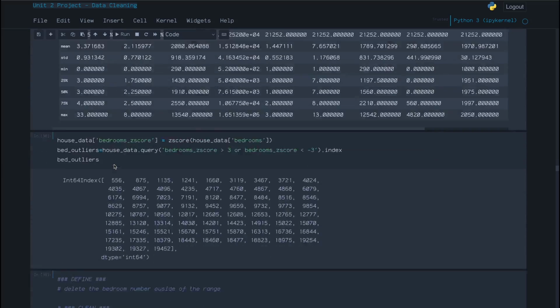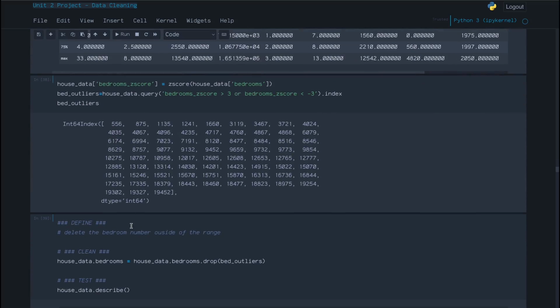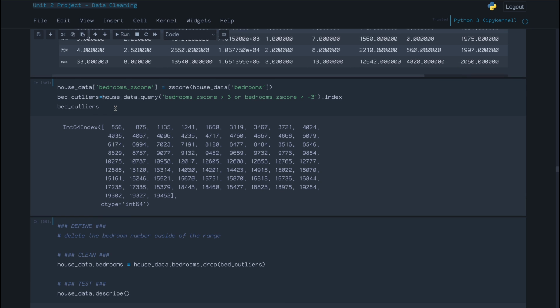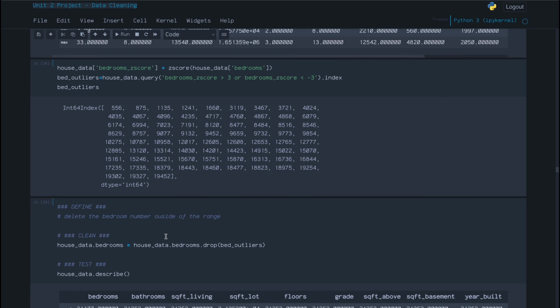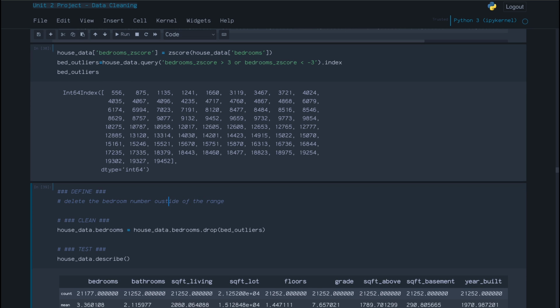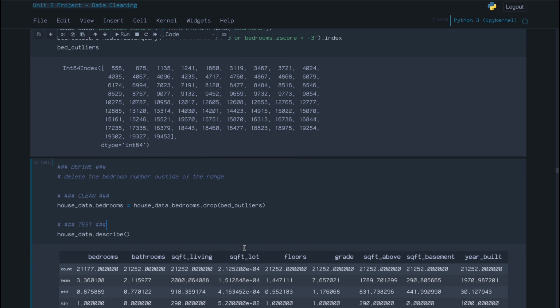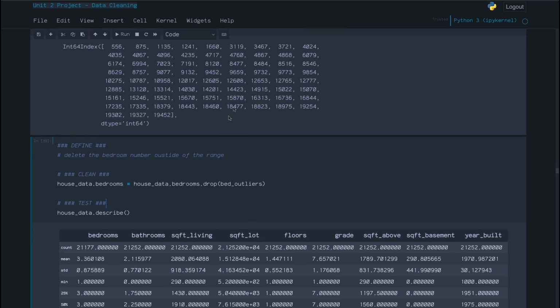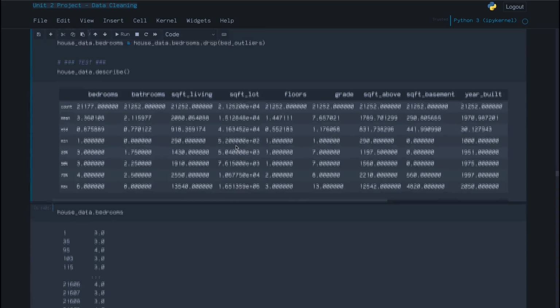For treating the outliers, I have been looking through the data to see if they're good to drop or if we can use some of them. So for the bedrooms, I dropped all the outliers since I saw that they weren't as significant. There weren't many outliers, it was 76 if I remember correctly.